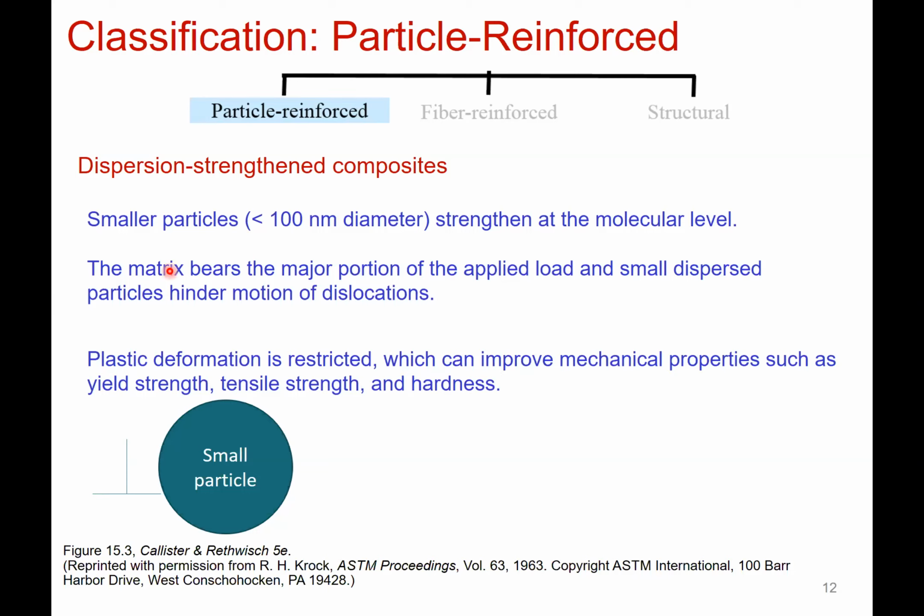The matrix will bear the major portion of the applied load, and the small dispersed particles will help to hinder the motion of dislocations. If the small particles are hindering dislocation motion, then you're restricting plastic deformation, because that's the mechanism of plastic deformation. This will improve your mechanical properties such as yield strength, tensile strength, and hardness.